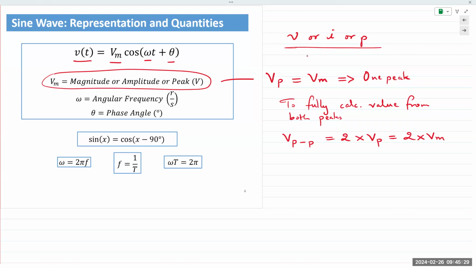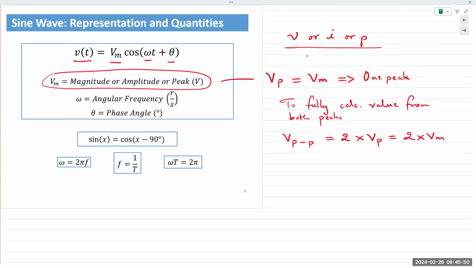Now it could be not always positive or negative, depending on the DC component. I'll talk about that in a couple of slides. So the first value of that waveform, Vm, describes one peak, the peak value of that waveform.